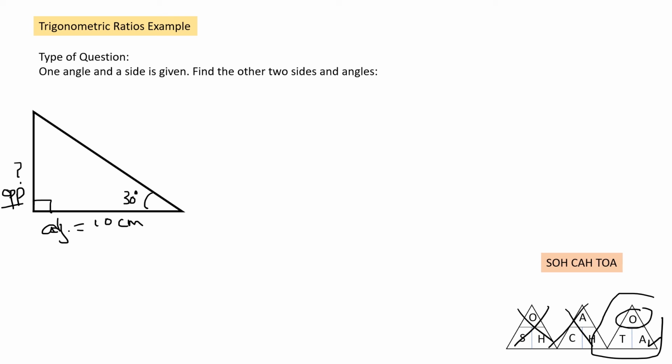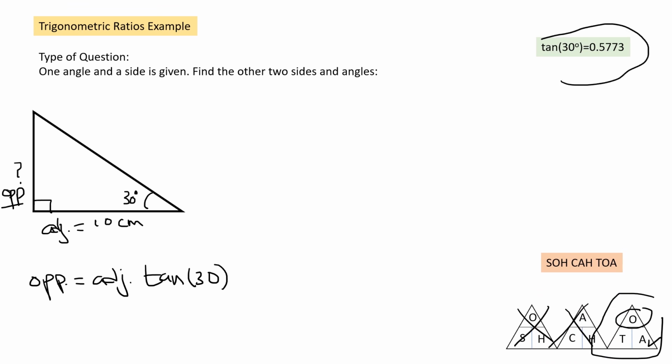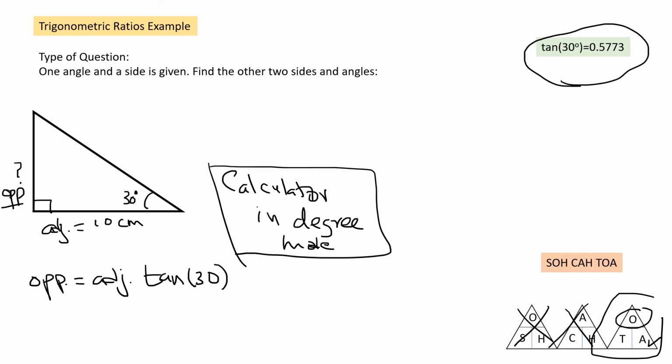They are asking for the opposite. So opposite equals adjacent times tan 30. Again, we need to find the value for tan 30. With the calculator in degree mode, tan 30 is 0.5773.